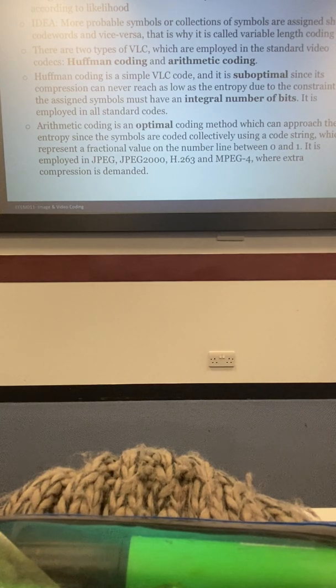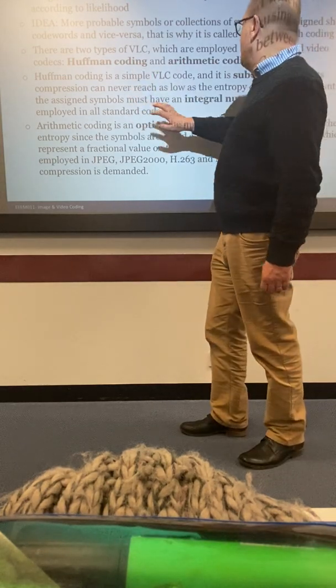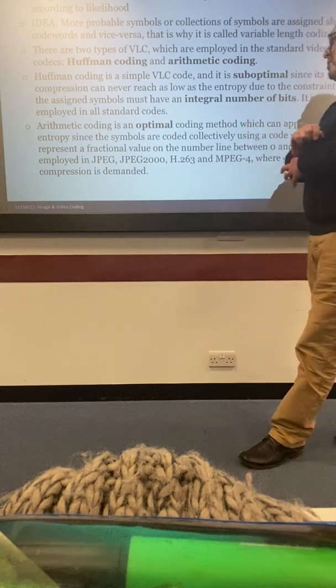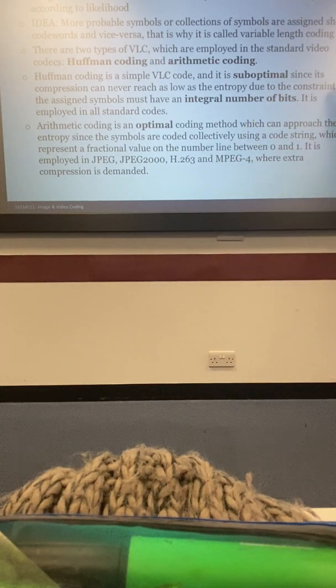So now, entropy coding. We've already mentioned it. The idea is, how do we assign shorter codes to something which is happening more frequently? How do we do that? There are two approaches. One is called Huffman coding, and one is called arithmetic coding. The Huffman one is very easy to implement, but it's not always optimal.